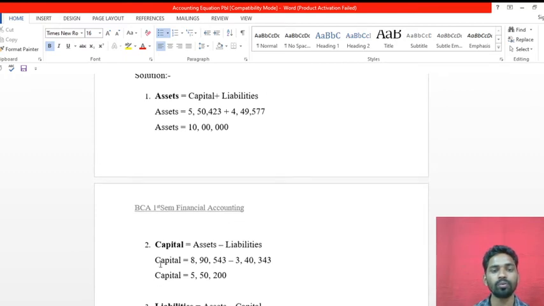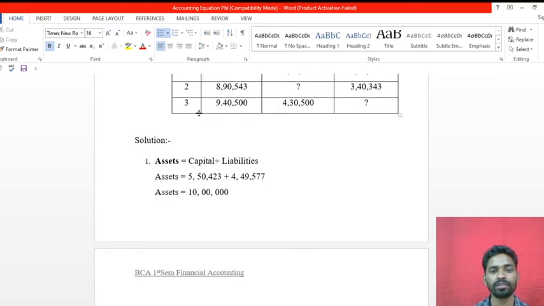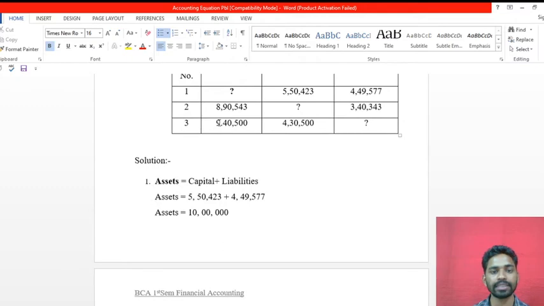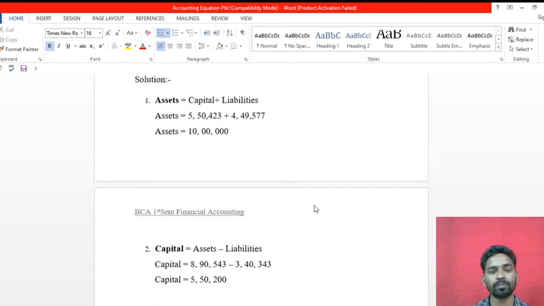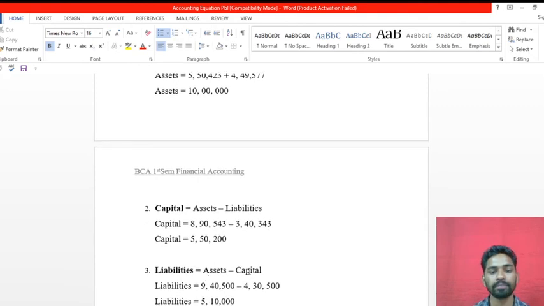Now the third case. Assets is 9,40,500 and the capital is 4,30,500. In this third case we have to ascertain liabilities. The formula to ascertain liabilities is assets minus capital.